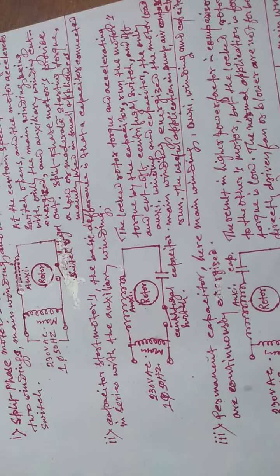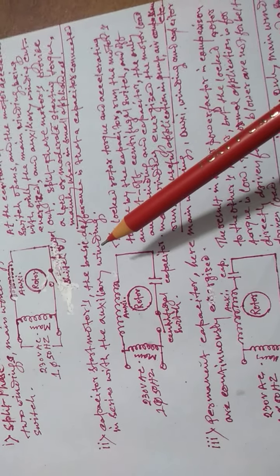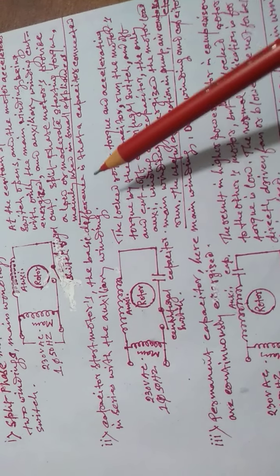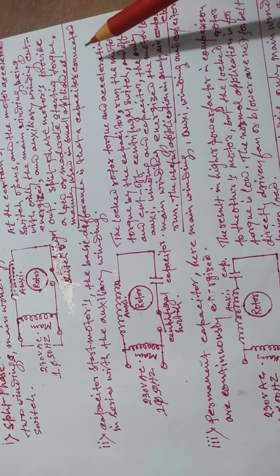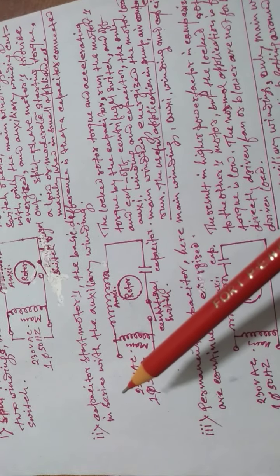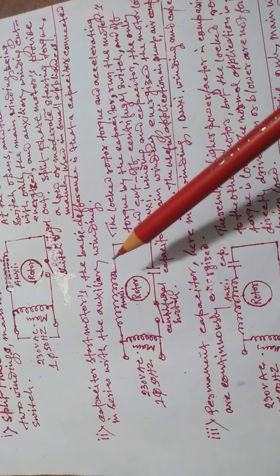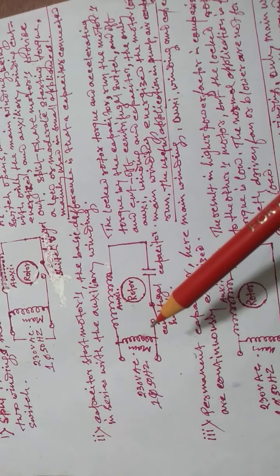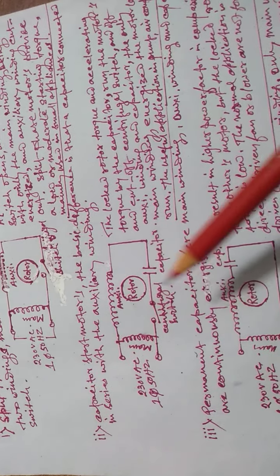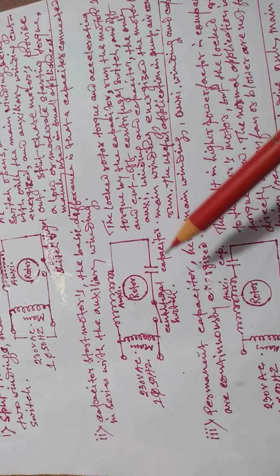Capacitor start motors. The basic difference is that a capacitor is connected in series with the auxiliary winding. This is the auxiliary winding. This is the main winding, 230 volt, connected to terminals, and the centrifugal switch and capacitor are in series.